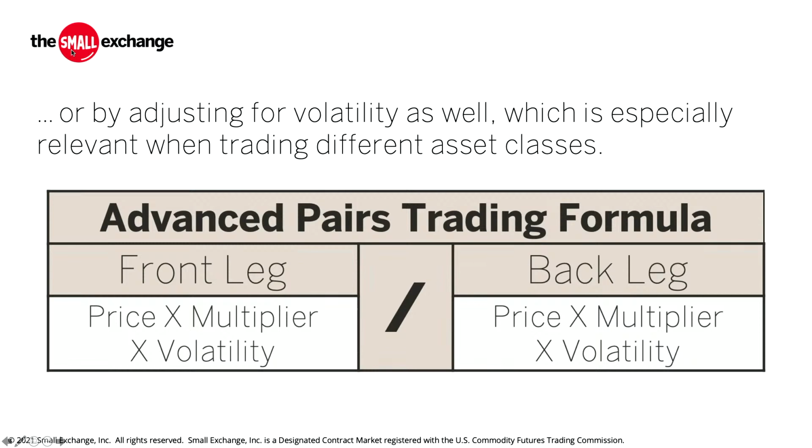Because now, after adjusting for volatility, the products are actually 1-to-1, because I have half the size on the front leg, but the volatility is twice as great. The back leg is twice as big, but the volatility is half. So now I'm at a perfect 1-to-1 ratio between those two products that don't exist.